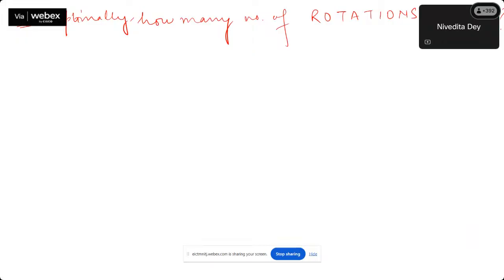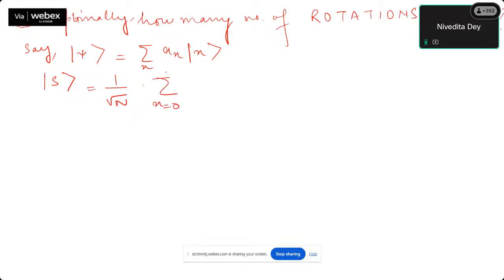Now say your psi is the sum of ax times x. And your S is 1 by root n, sum over x equals 0 to n minus 1 of x.